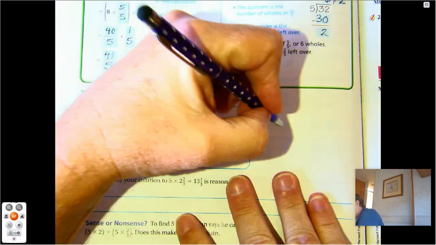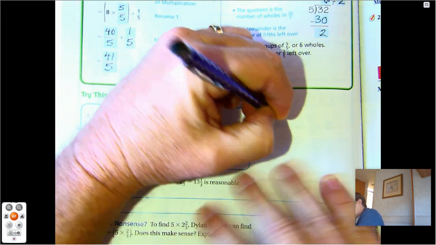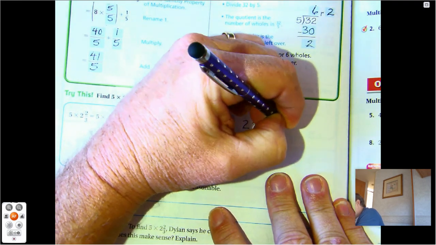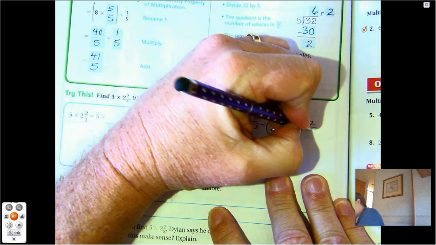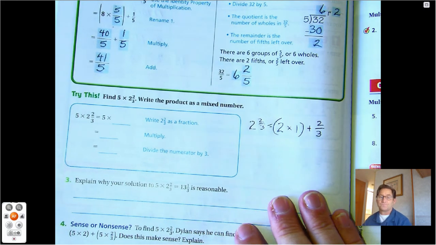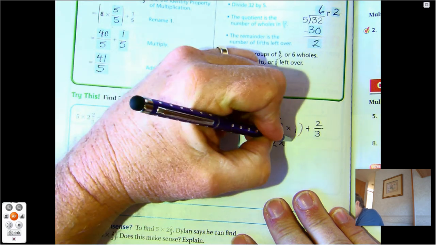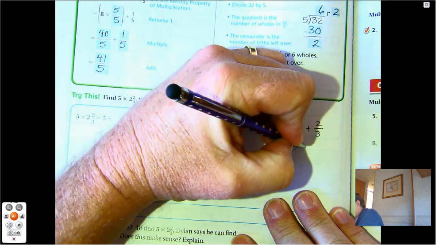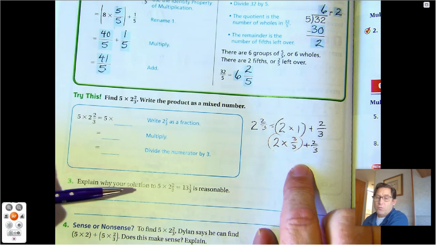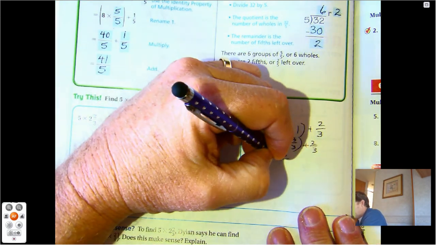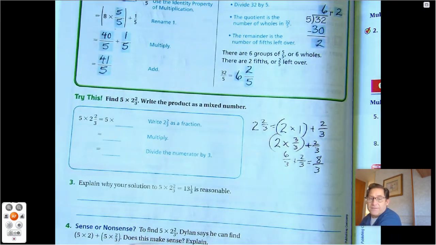So 2 and 2/3 equals 2 times 1 plus 2/3. 3/3 can rename the 1. So 2 times 3/3 is 6/3 plus 2/3 gives us a sum of 8/3.